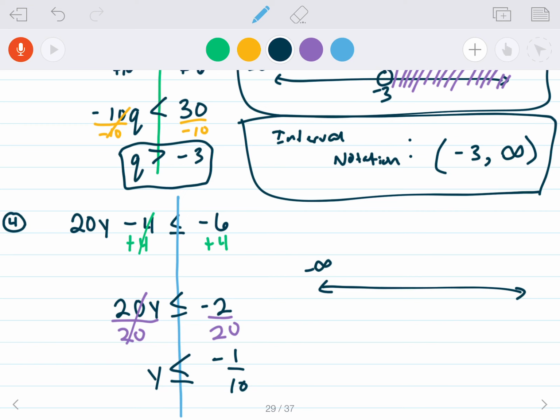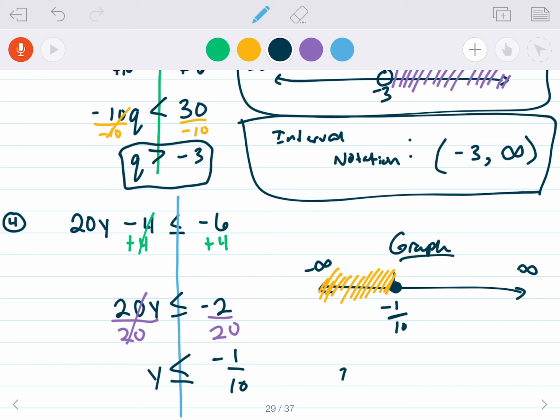Now, if I graph this, negative infinity, positive infinity, here's negative 1 over 10, just somewhere, and it's going to get a closed dot because of that line under there. And I want to shade everybody to the left of it to indicate the set y is less than or equal to negative 1 over 10. So this is my graph.